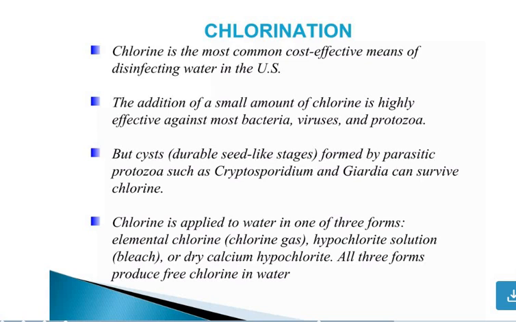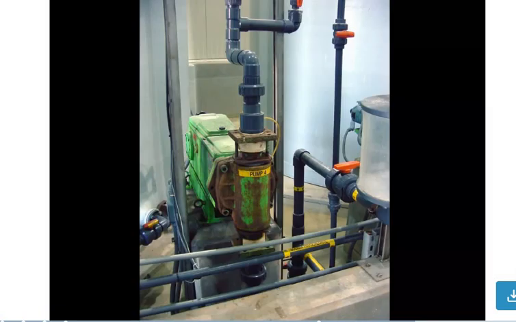Chlorine is applied to water in one of three forms: elemental chlorine, chlorine gas, hypochlorite solution, bleach, or dry calcium hypochlorite. All three forms produce free chlorine in water. You can see here.